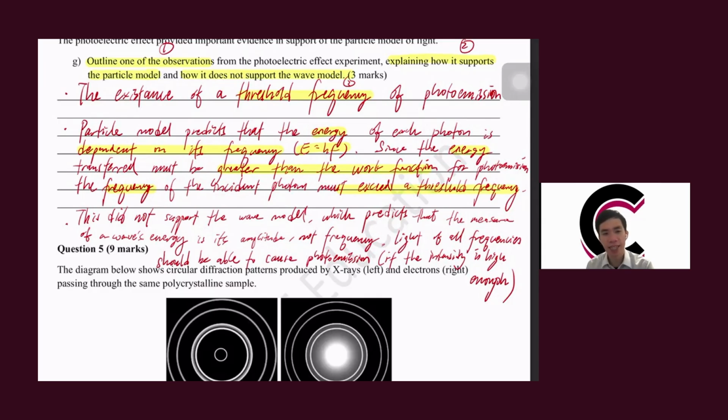Now, this does not support the wave model. You can say the wave model predicts that the wave's energy is its amplitude, not frequency. You must mention light of all frequencies should be able to cause photon emission. That is the main point for the second one.